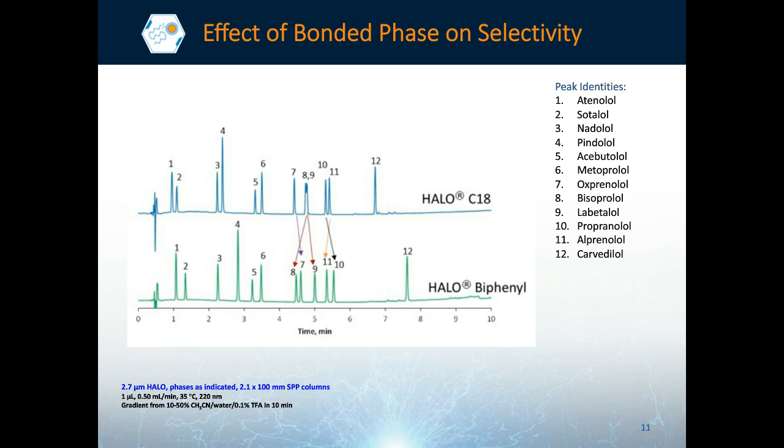There are some increased spacings on the bottom trace, the green, which is the Halo biphenyl. But the interesting part about this comparison are the middle peaks, peaks 7 through 11. You can see some clear elution order changes and some better selectivity.